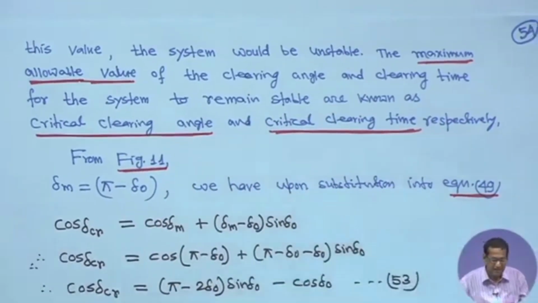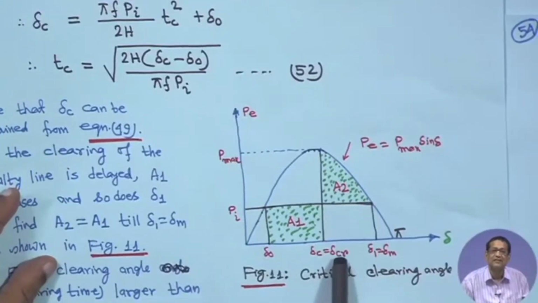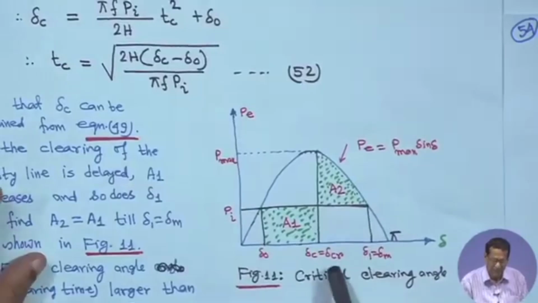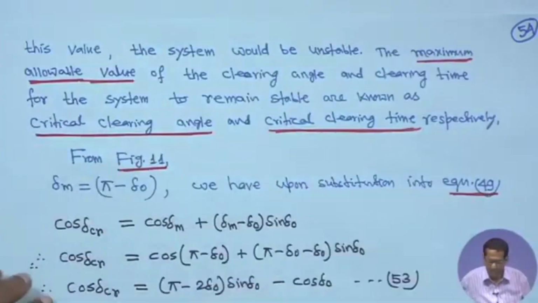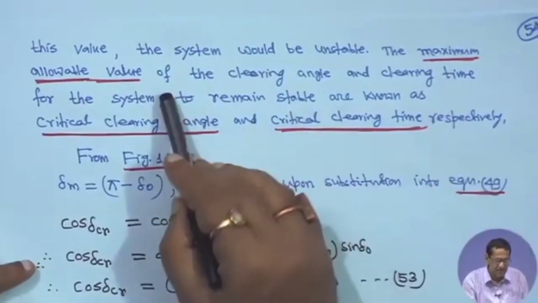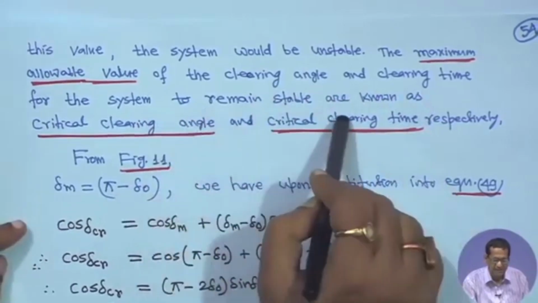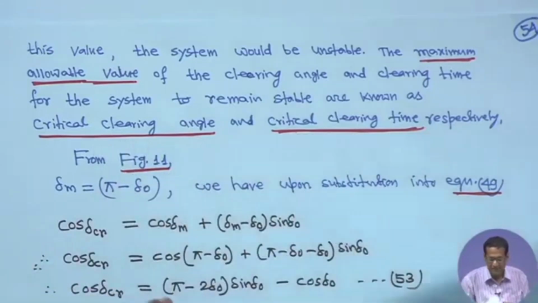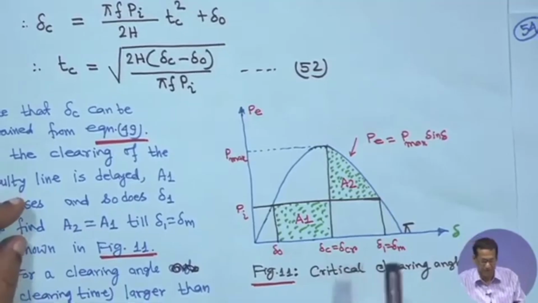That maximum is called delta critical, the critical clearing angle, and the corresponding time we call T c r, the critical clearing time. This is the maximum allowable value; beyond that the system will become unstable.